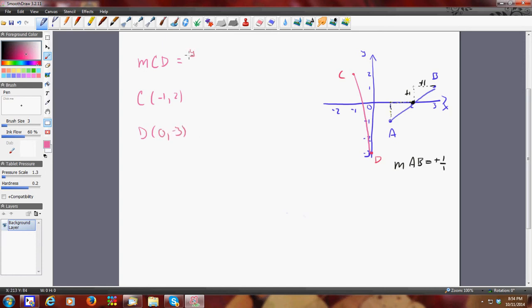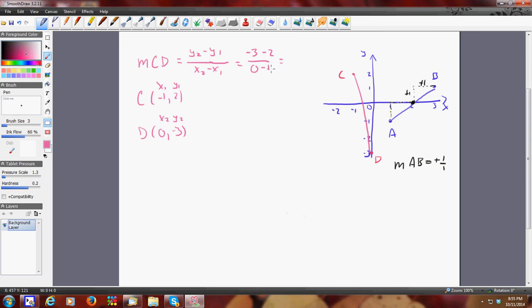So y2 minus y1 over x2 minus x1. x1, y1, x2, y2. So I get negative 3 minus 2 over 0 minus 1, which gives me, oh, I'm sorry.